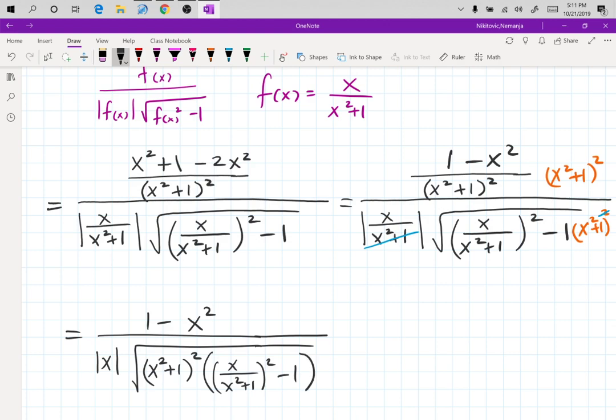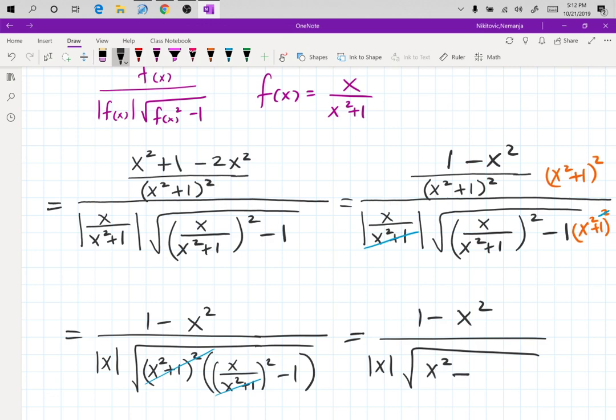And now I hope you see that now these guys cancel, but it still multiplies to the second one. So 1 minus x squared divided by absolute x, square root of. So when they cancel, you only have x squared left, right? And then minus 1 times x squared plus 1 squared.